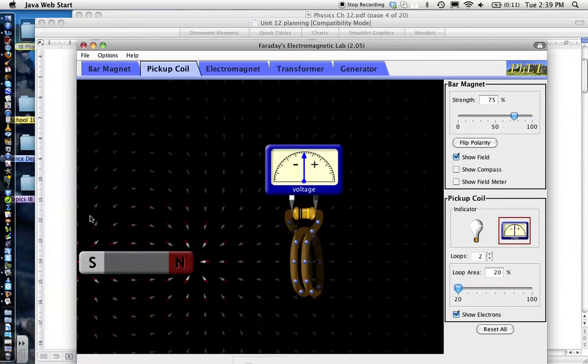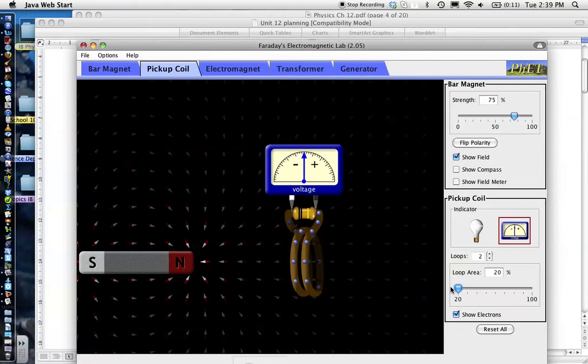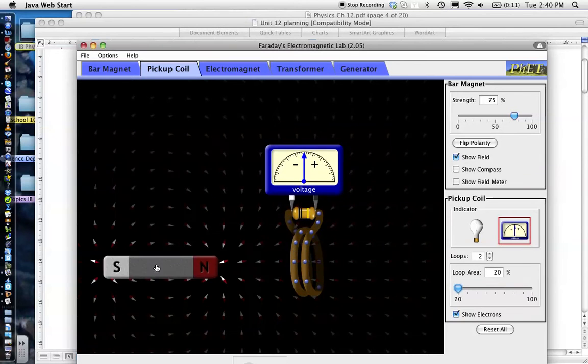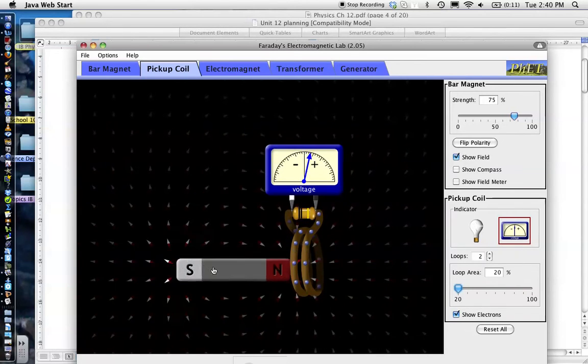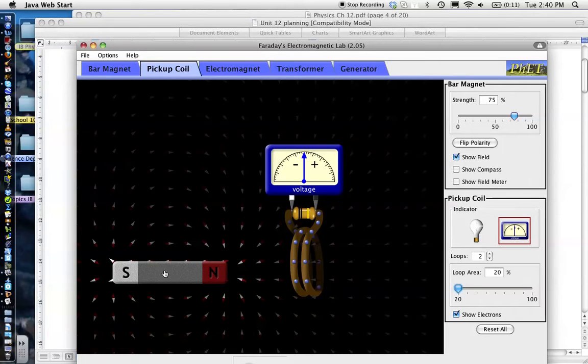I can actually increase the loop area. Now I've got to try and do this so it's a similar speed, but if I move this to and fro, I am causing an EMF, a voltage here, to be produced in this coil.